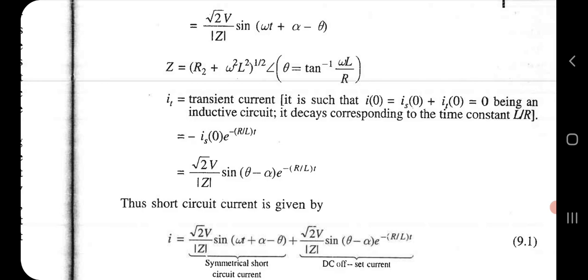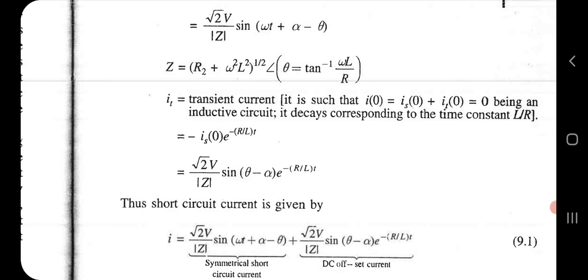As time passes, when the short circuit occurs, the current increases to a maximum value. Afterwards, within a few cycles, it starts reducing and tries to attain a steady state or normal state.